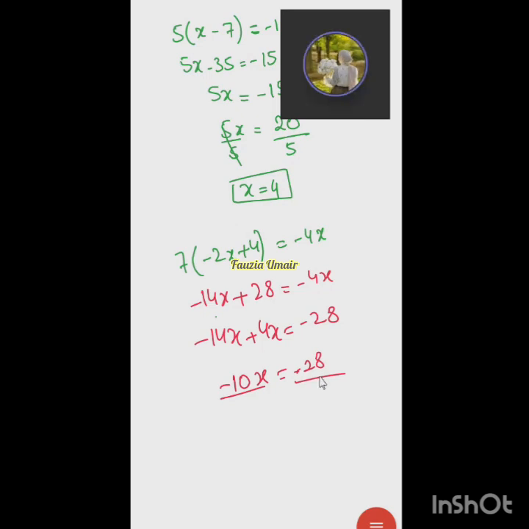It is minus 10, right? You need to remember we will consider this minus also. The coefficient of x is whatever is before x. So now divide both sides by minus 10. So x is equal to, minus divided by minus is a plus sign, 28 divided by 10 is 2.8.